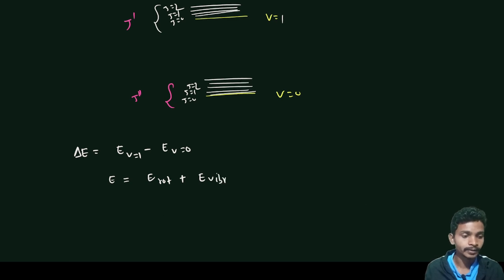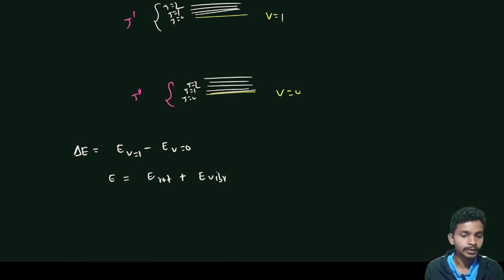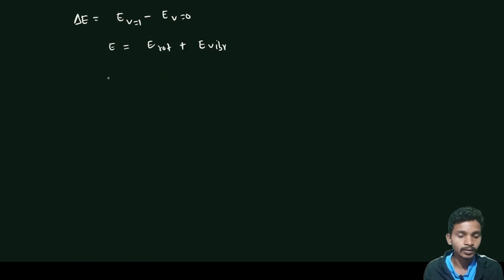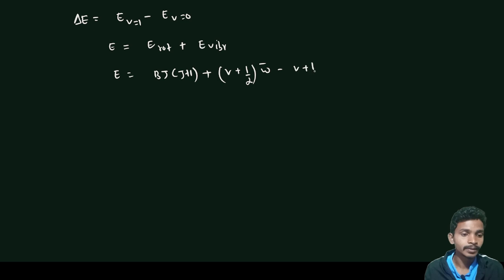And one more thing, we know that E rotational means B J(J plus 1), and E vibrational means (v plus half) omega minus (v plus half) square omega xe.